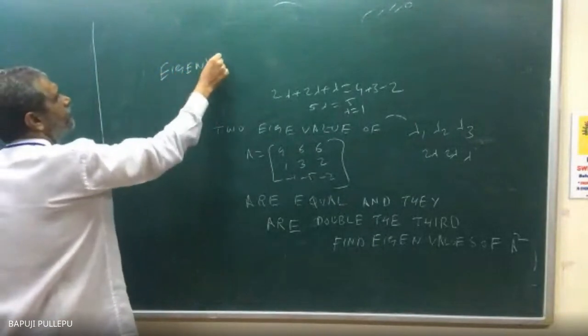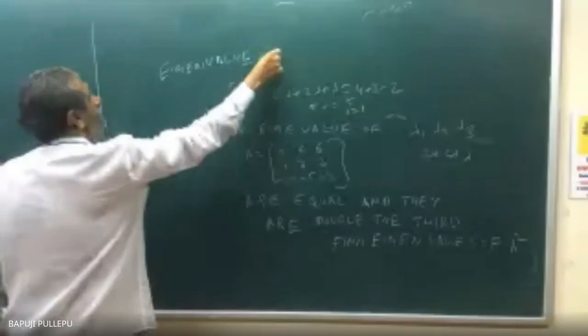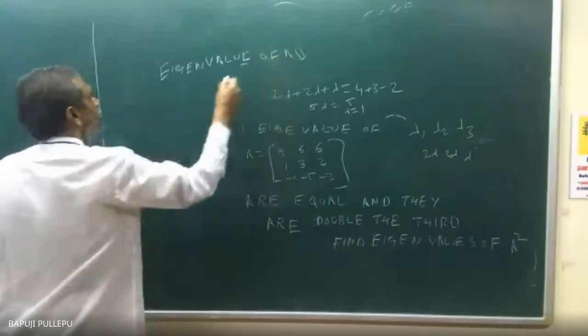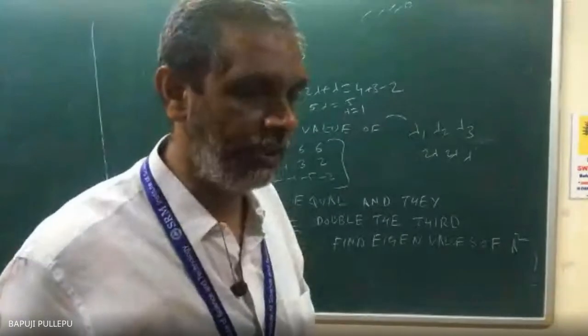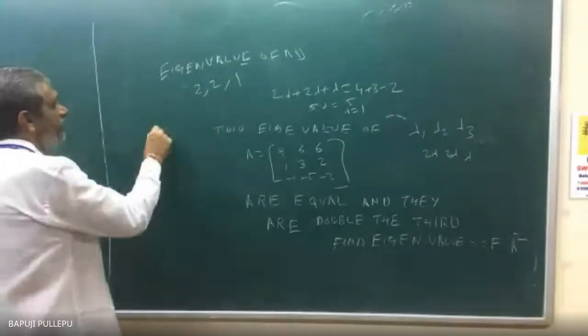Yes, sir, 2, 2, 1. Then once you know A, the eigenvalues of A square are 4, 4, and 1.